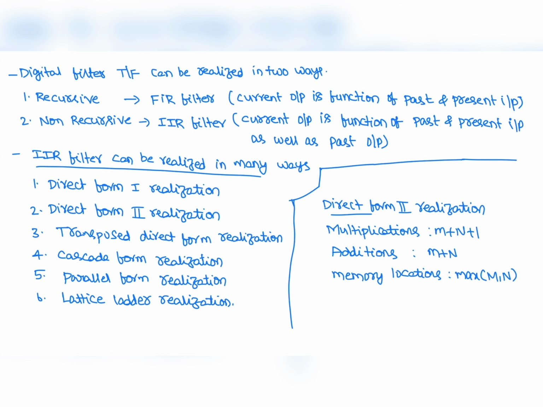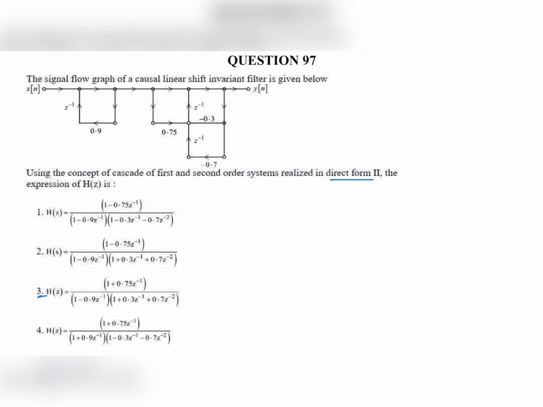Next, as per the question, in direct form 2 realization, let us assume w of z as some intermediate node, x of z as the z transform of the input, and y of z as the z transform of the output. Now w of z by x of z is equal to 1 by 1 minus 0.9 z inverse.